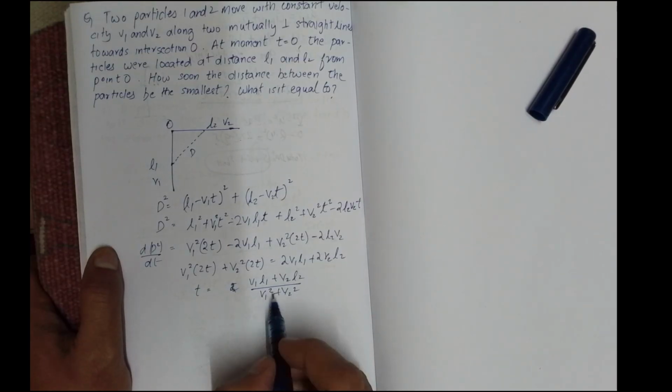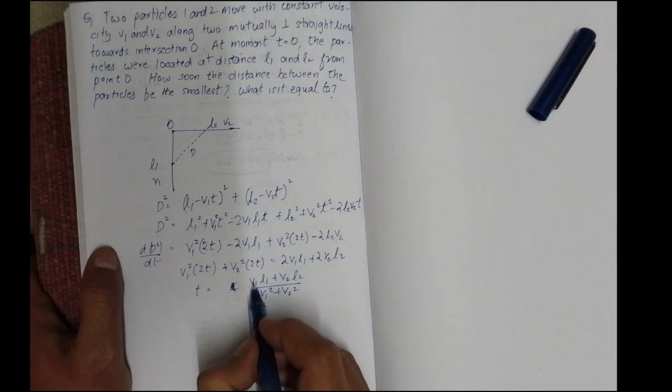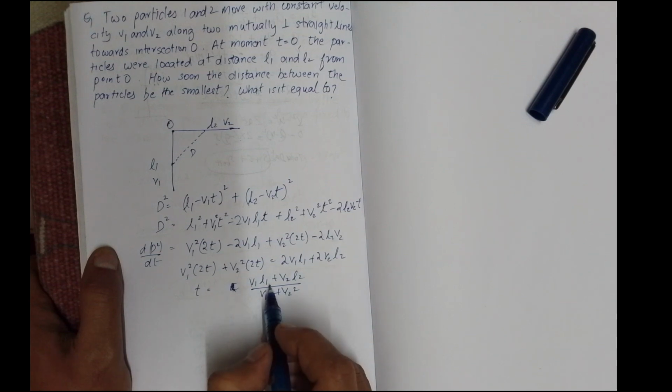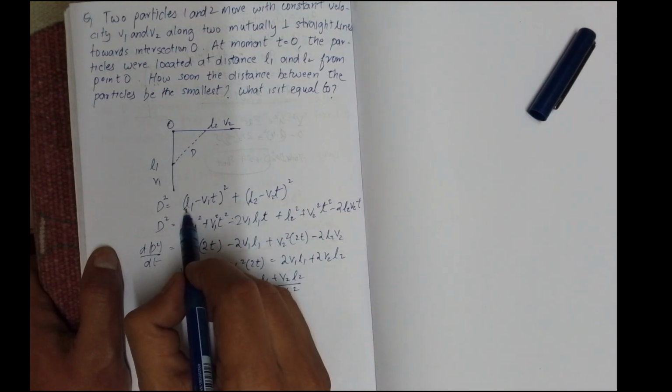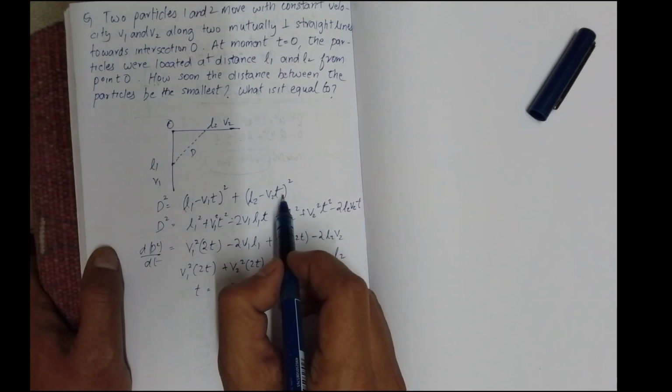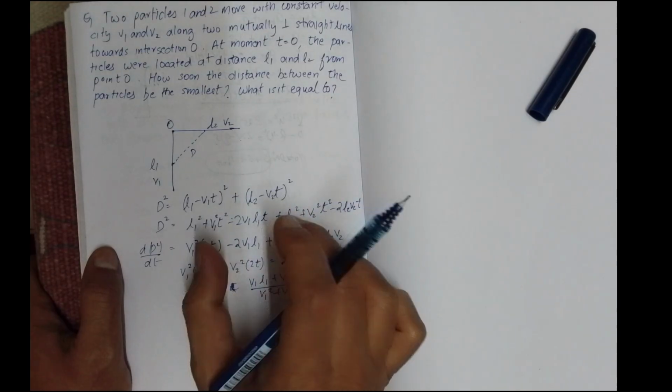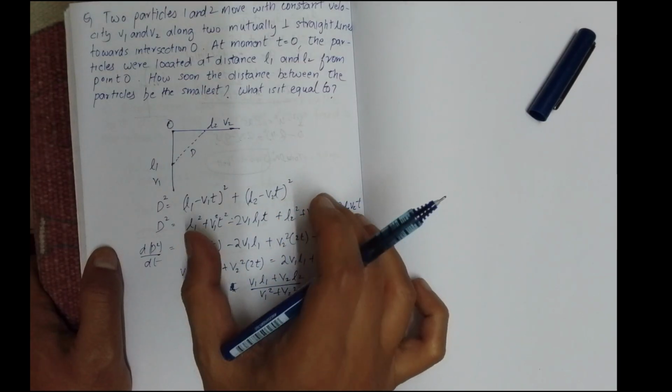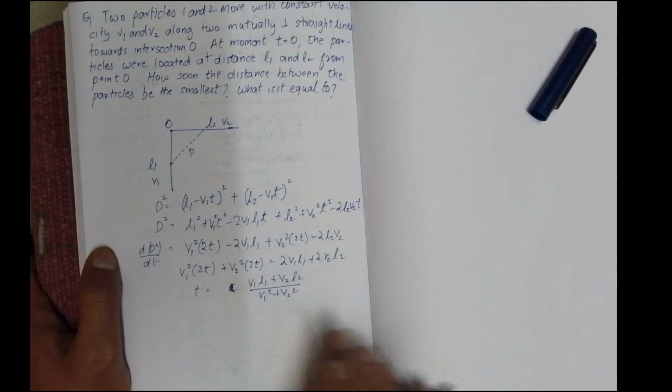Now just substitute this value of t in this expression and you will get the minimum value of the distance when the particles are at their closest.